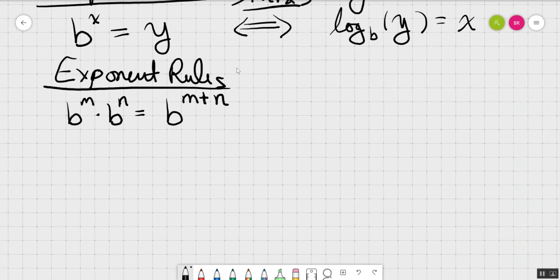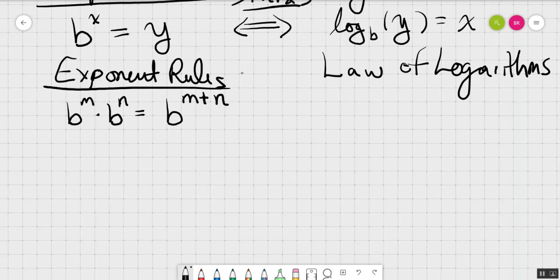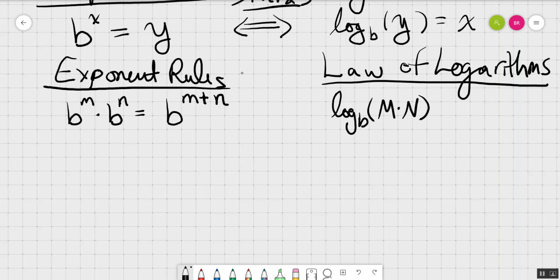As it turns out, there is a law of logarithms, which is the logarithm version of this, which says something very similar. It says that if I do the log base b of two things being multiplied, so notice the multiplication in here, multiplication of two exponentials led to addition.